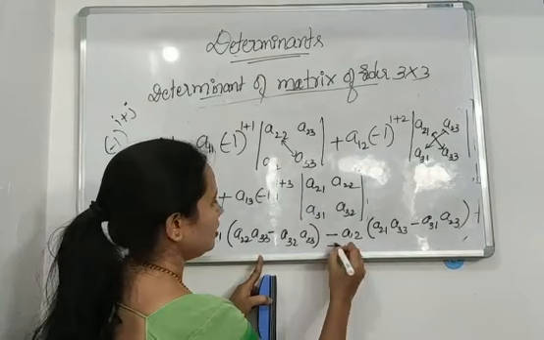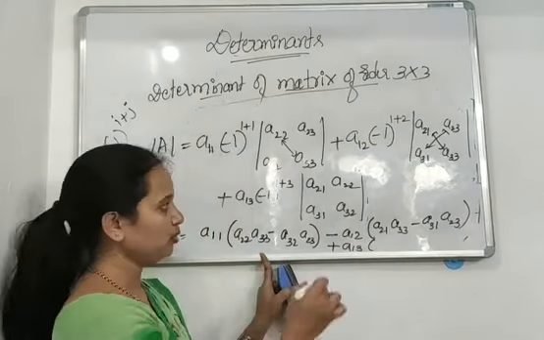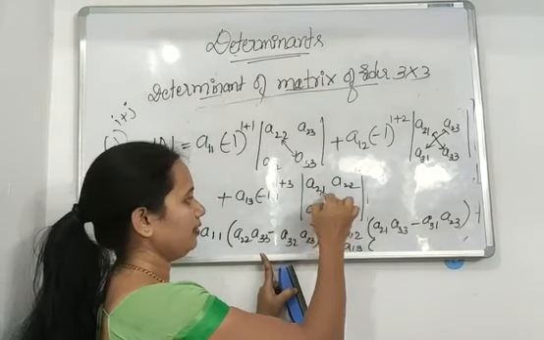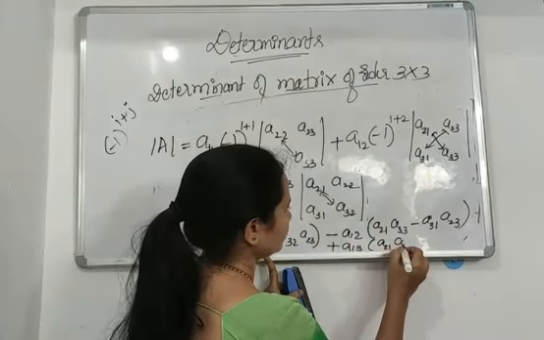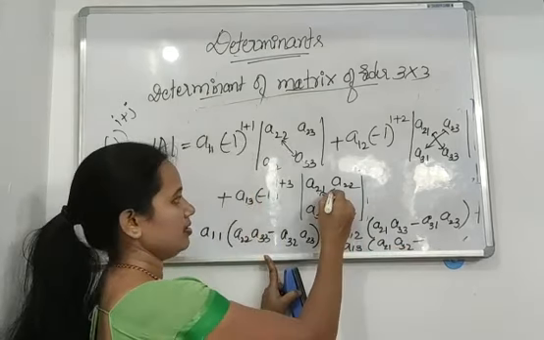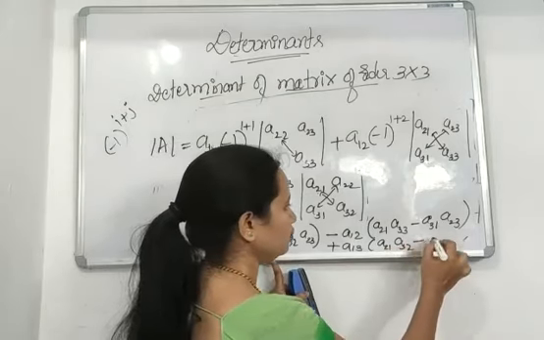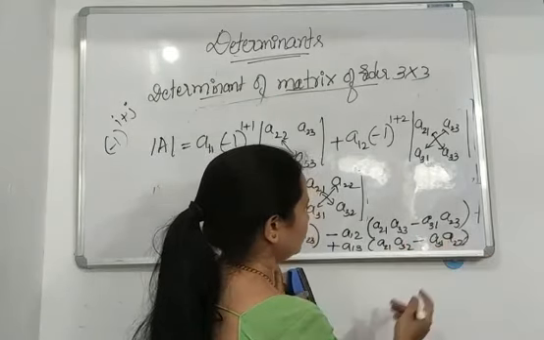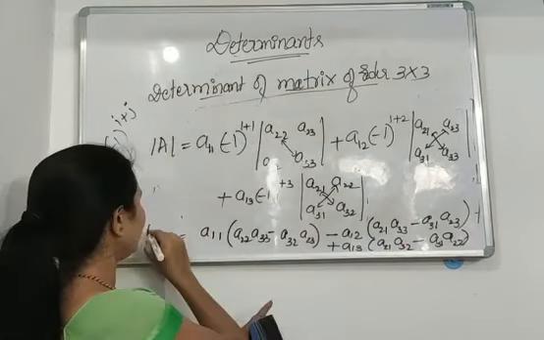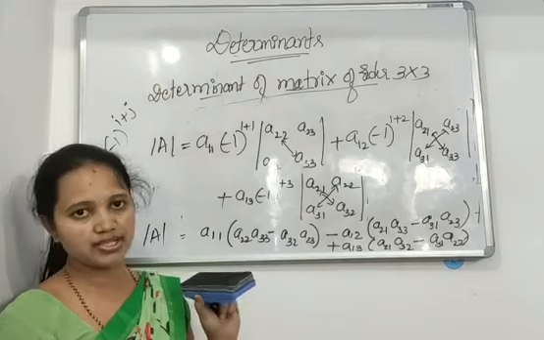So plus 1, you will get plus A13 into A21, A32 minus the second diagonal A31, A22. So this is the determinant value of the 3 cross 3 matrix.